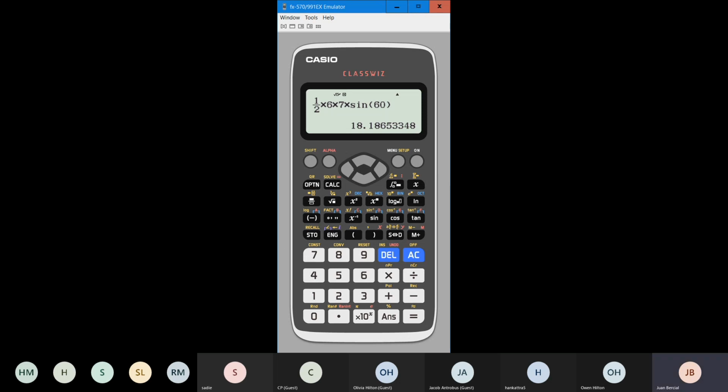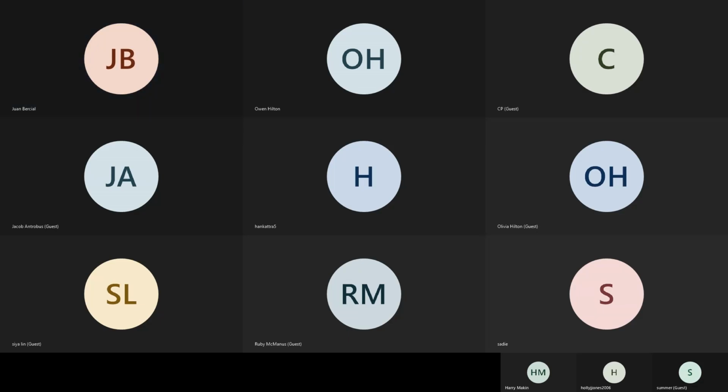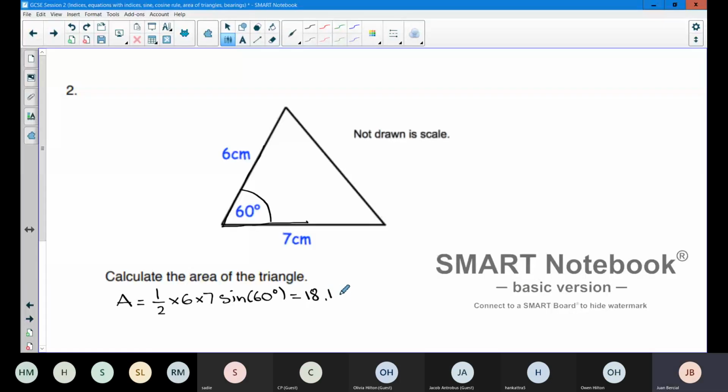So we're rounding it to 2 decimal places. So it's 18.19, and the area should be in square centimeters, to 2 decimal places. Okay.